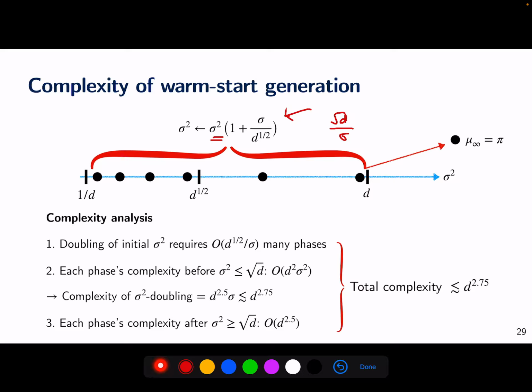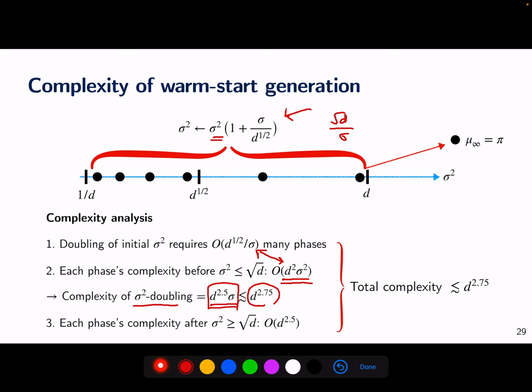And each phase, before sigma squared reaches square root d, costs d squared times sigma squared. So the complexity of sigma doubling is simply the multiplication of these two things. We obtain d to the 2.5 times sigma, and this is true up to sigma squared less than square root d. So that's how we got d to the 2.75.